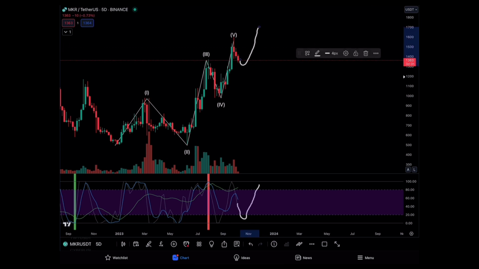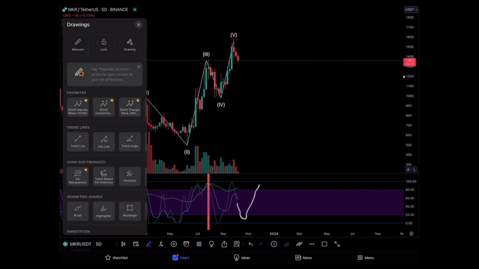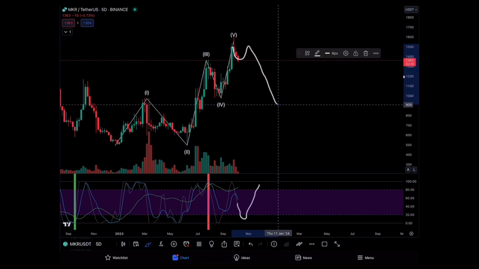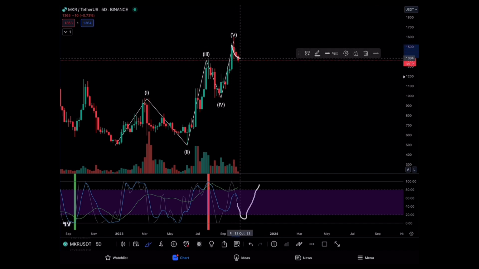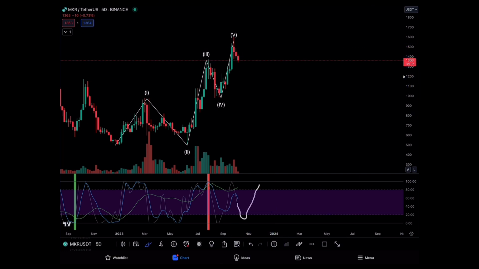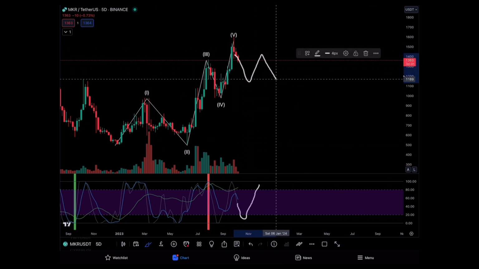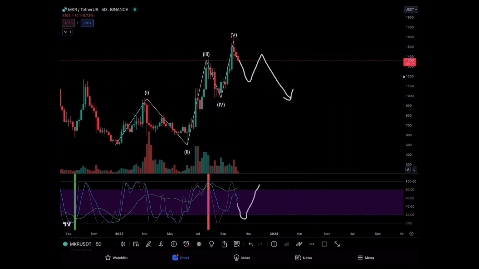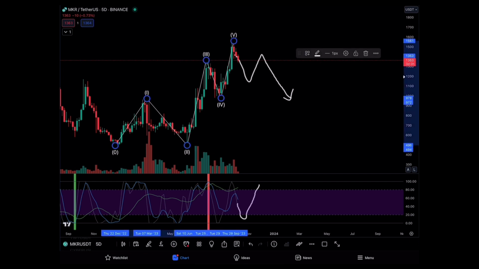In that case, you would be seeing this doing something like that, or even deeper, like this, and then that. So these are all options for it, but either way, there's no trade at the moment for us.